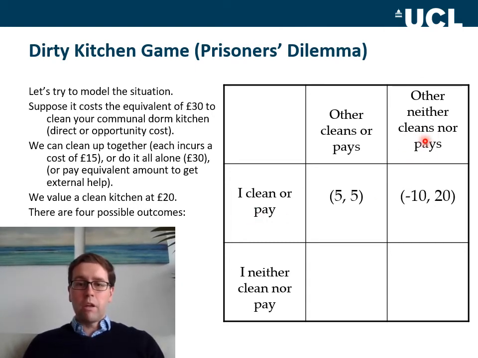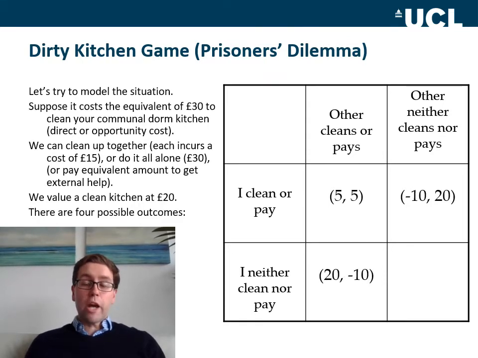For me, that means I incur £30 worth of cleaning cost, but I get only £20 worth of benefit. That's a minus £10 situation for me. And you get all the £20 worth of enjoyment of the clean kitchen without doing any of the work. Sounds kind of nice for you, right?